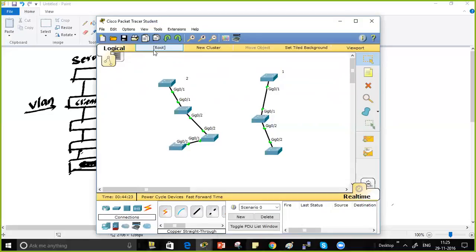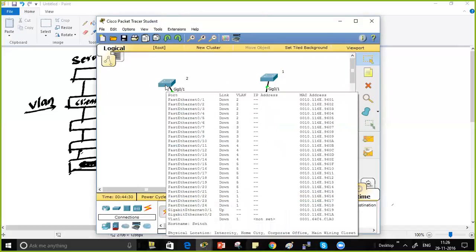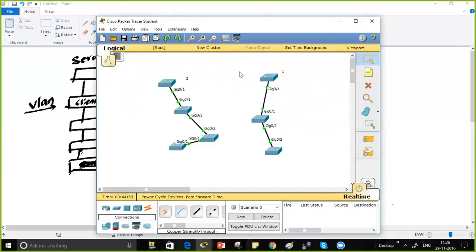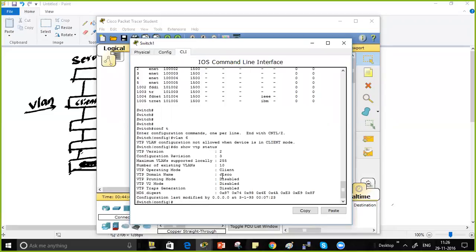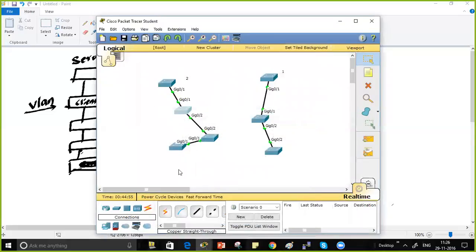Whenever I configure a VLAN, the revision number is sent to all the switches, right? Yeah. Here, if you want to see, do show VTP status. It is also maintaining the same information, right? Yeah. Now see this: this is content 10, revision number 10.